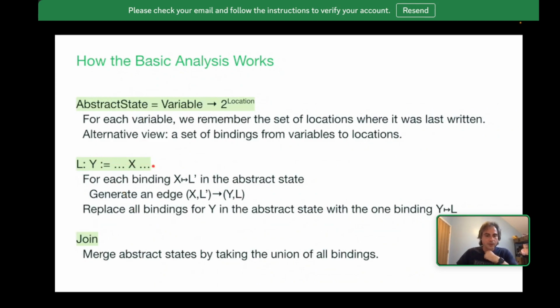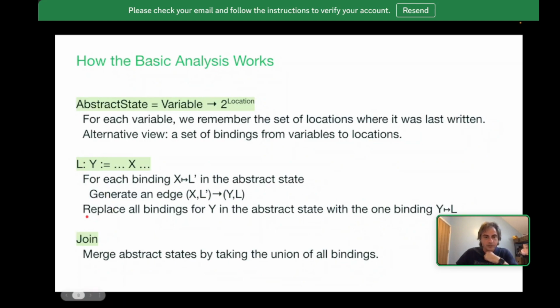To handle an assignment, what you do is this: you look up the bindings for the variable on the right hand side that you're processing, and you see where they were last assigned, and you look that up in the abstract state. For each such binding that you find, you generate an edge that says from that place where you gave a value to X, there's a flow into the Y to which we assign at this current location.